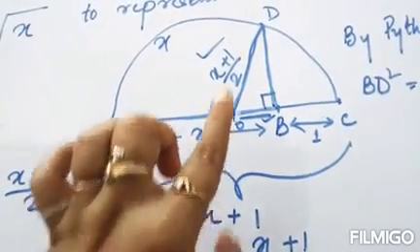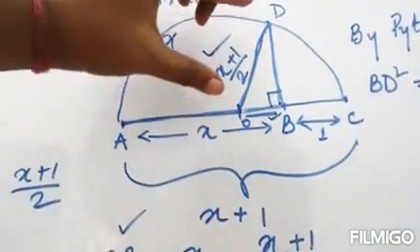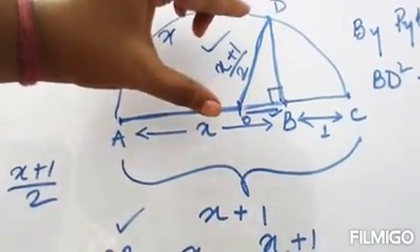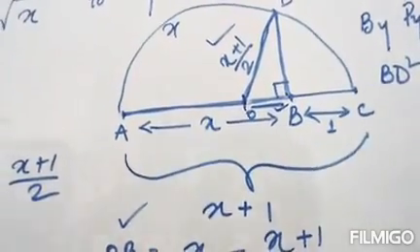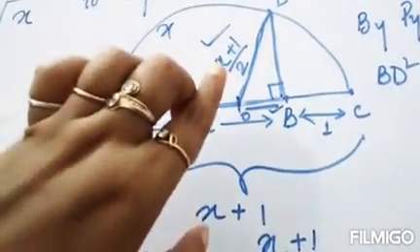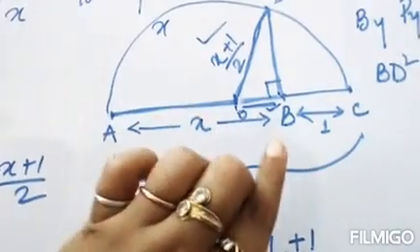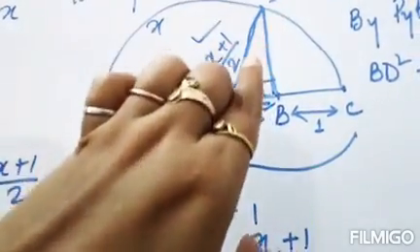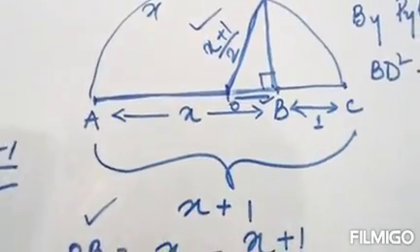If this is the center, and from here I draw a line, then this also will be the radius, (x plus 1) by 2. Now the perpendicular makes a triangle. So this length I know, this length I know. Will it be difficult to find this length? Of course not.